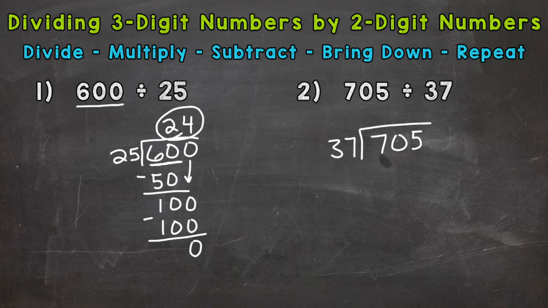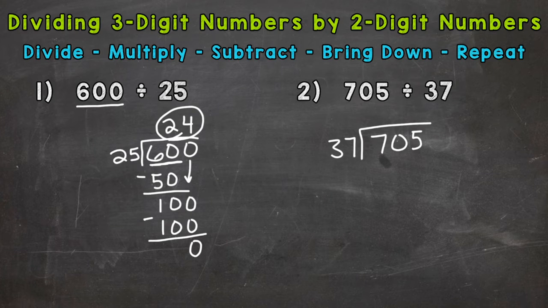37 is not a very friendly number to work with, so we need to estimate and check because we probably don't know the 37 multiplication facts off the top of our head. So a couple of strategies we'll go through as we work through this problem. So I would suggest rounding to a number that's easier to work with to get an idea of where to start. So I could think, well, 37 is close to 40, so let's round to 40, the nearest 10.